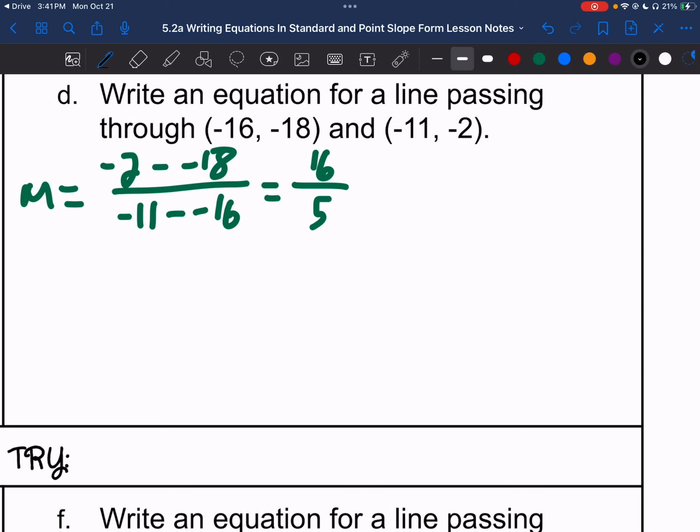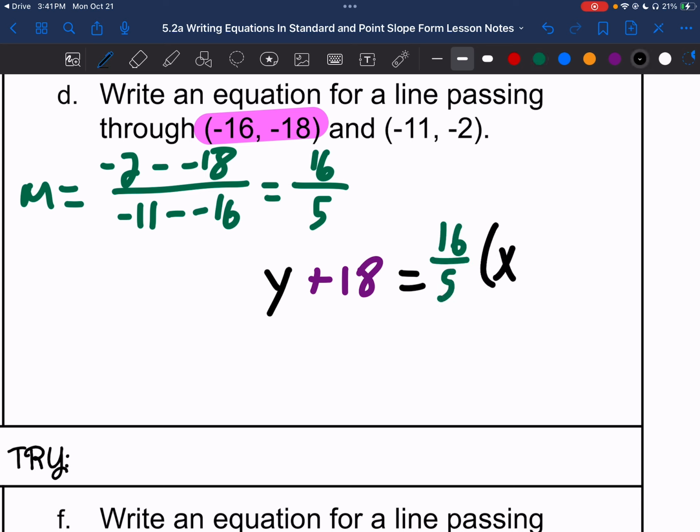Now we write our form. So we have y, and I'm going to just tell you I'm using the first ordered pair as my values. So we have y plus 18, because it's double negative, is equal to my slope, 16 over 5, times the quantity, x, and it's going to be plus 16, because again, there's double negative there.